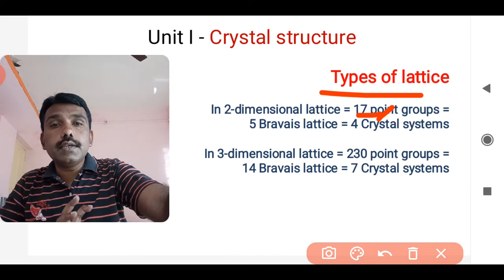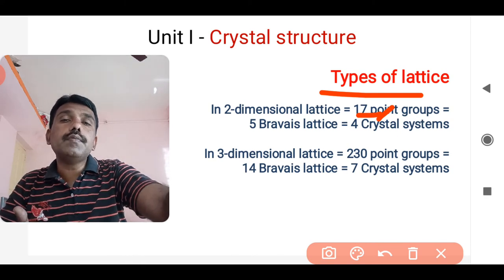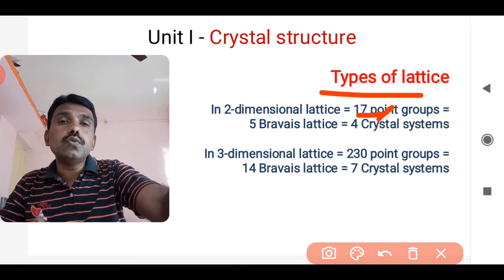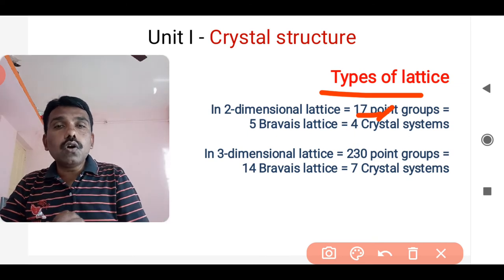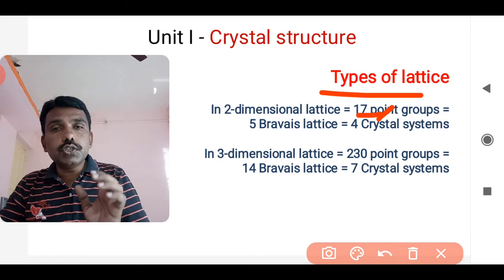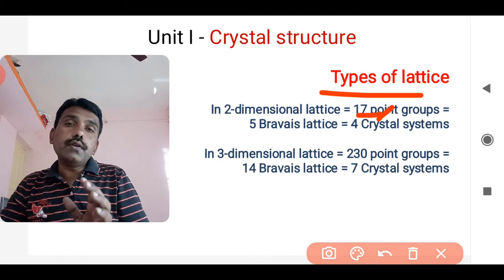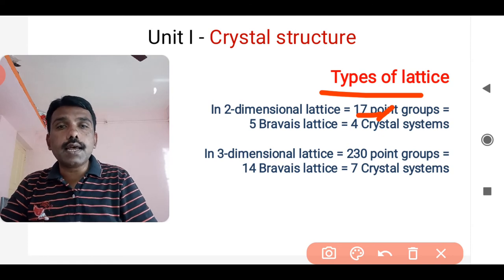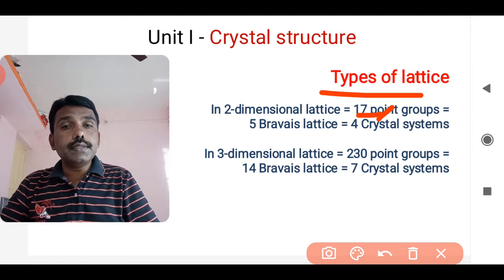And in this case, which lattices can we call Bravais lattices? We can say the Bravais lattices are those lattices which follow the point groups. Those lattices following those point groups are basically called Bravais lattices.